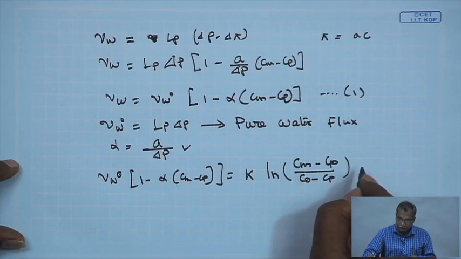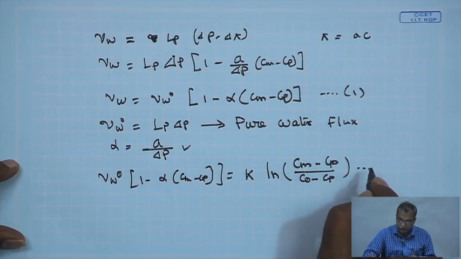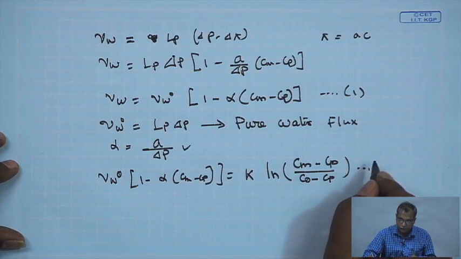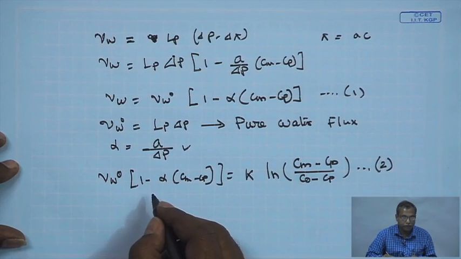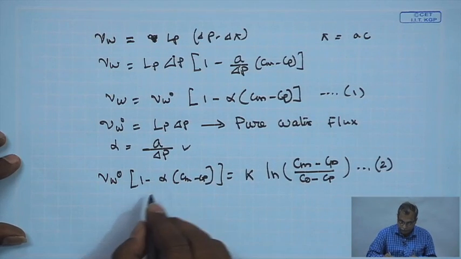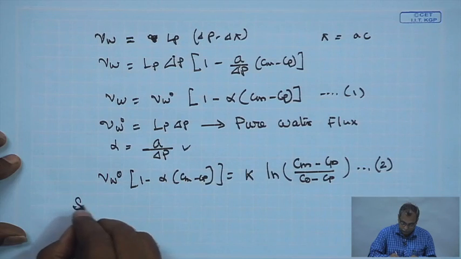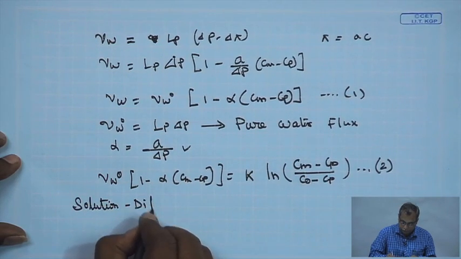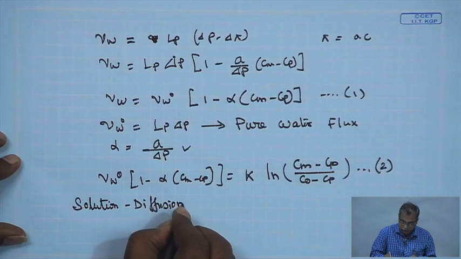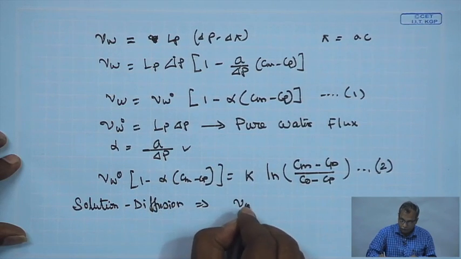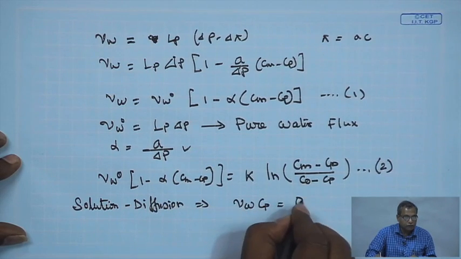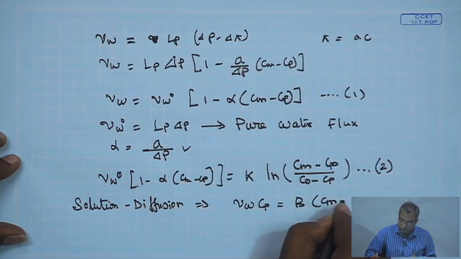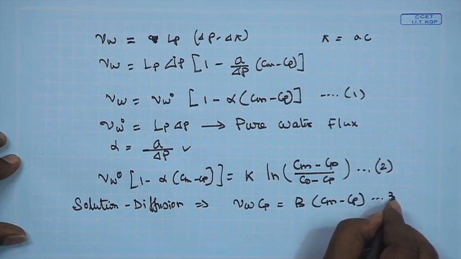So, this will be the combination of the film theory and the osmotic pressure model, Darcy's law. I write it as equation number 2. Then we will be having the solution diffusion model for the solute flux through membrane, that will be Vw Cp is equal to B (Cm minus Cp).